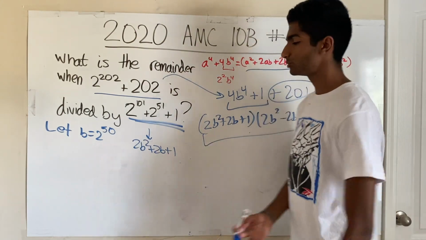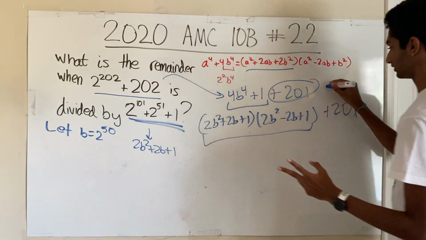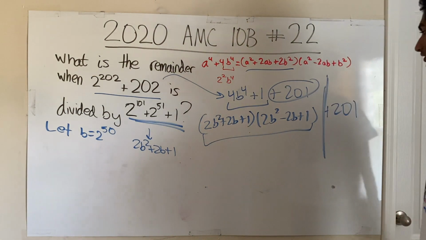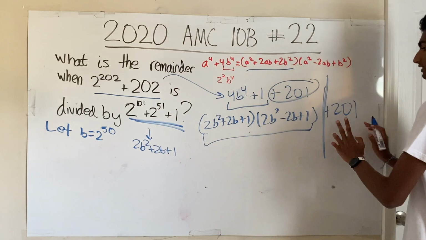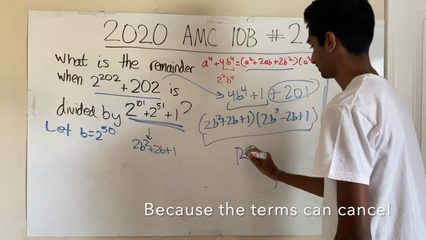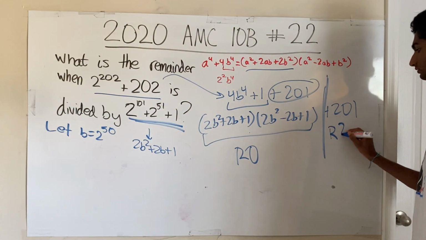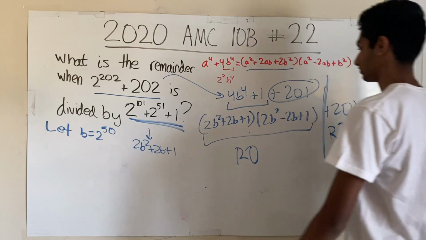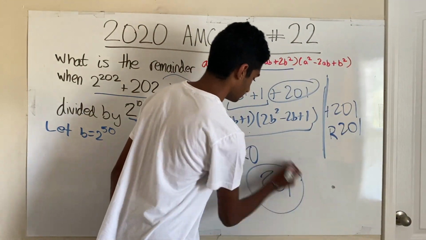So we can separate this term into two parts, basically dividing it down the line, and then find the remainder of this, and then find the remainder of this. Now the remainder of this is just 0, and the remainder of this is 201. So we just add them up, and our final answer is going to be 201.